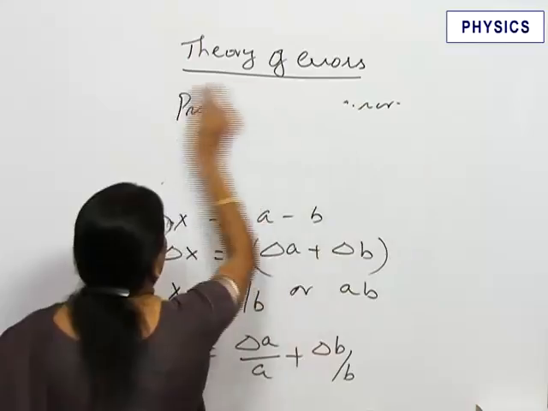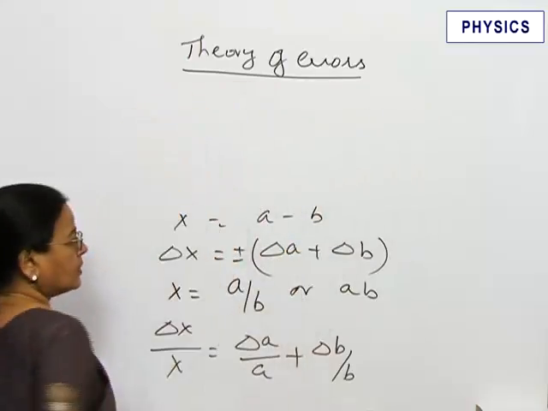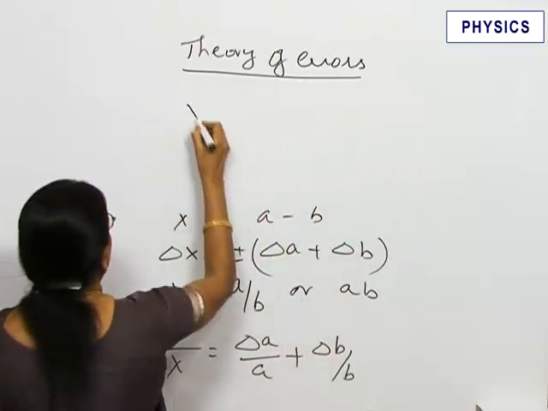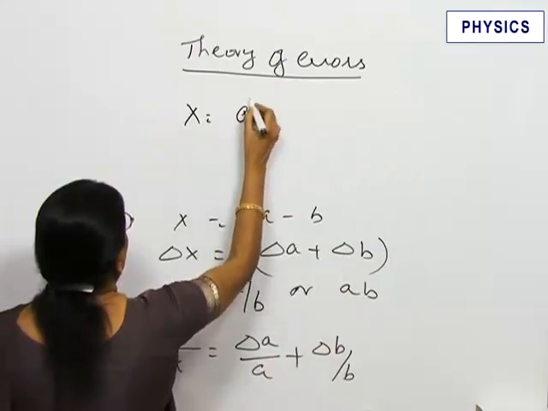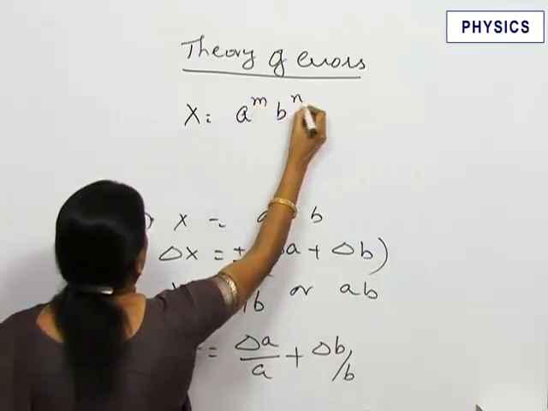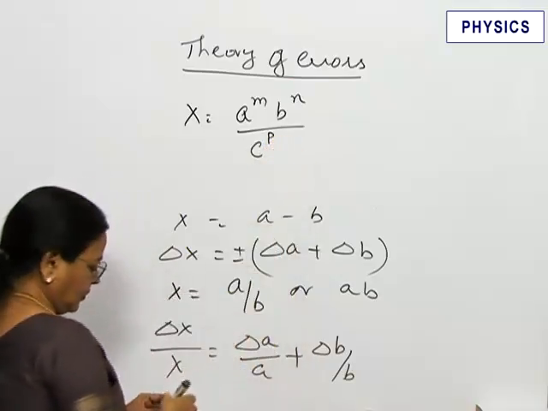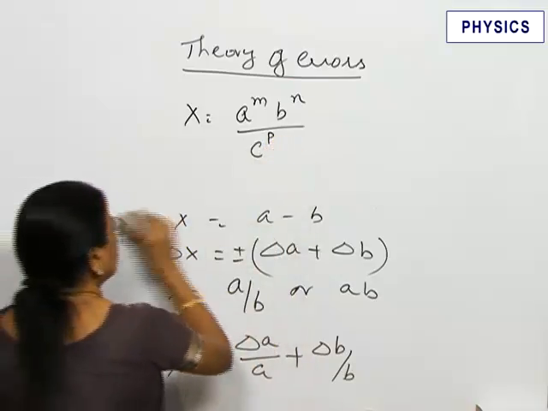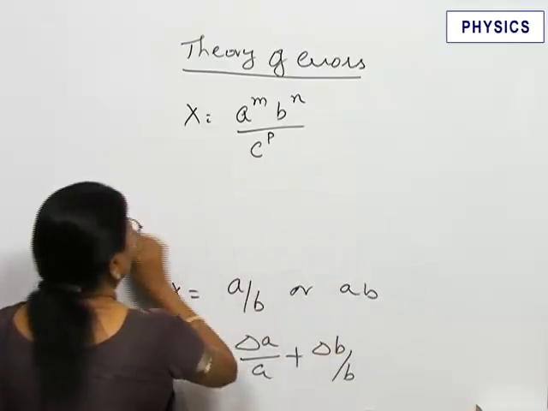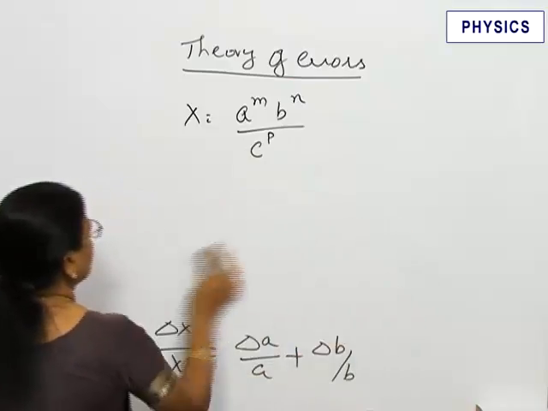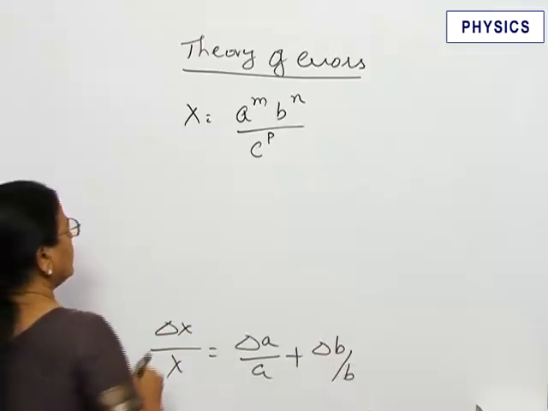Suppose you have a quantity x given as a power m, b power n by c power p. How do you find the maximum possible error in x due to the errors in a, b and c?